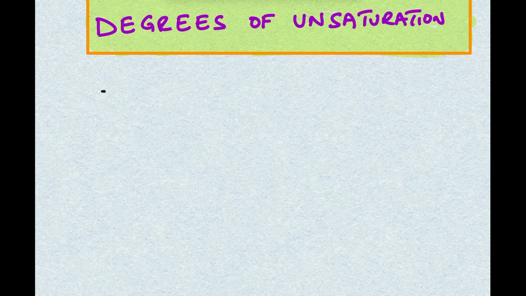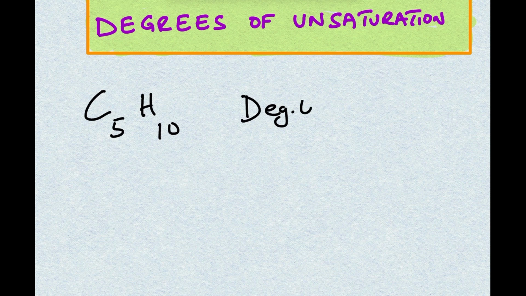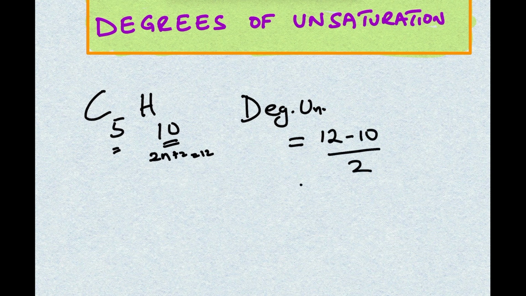Now if you have this formula C5H10, the degrees of unsaturation equals the number of missing hydrogens. So we saw that if n is 5, then 2n plus 2 equals 12, so we expect 12 hydrogens, but here we have 10, so that's 12 minus 10 divided by 2, which is 2 divided by 2, and that equals 1.